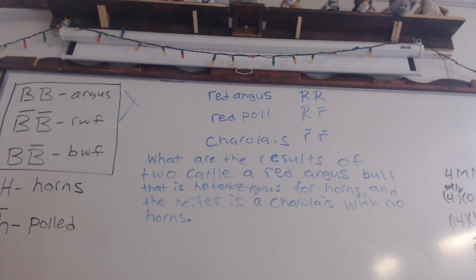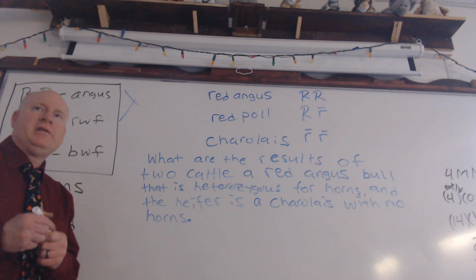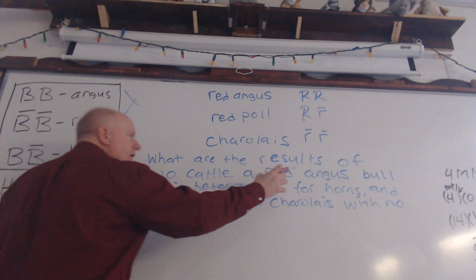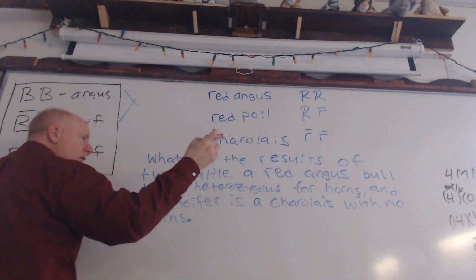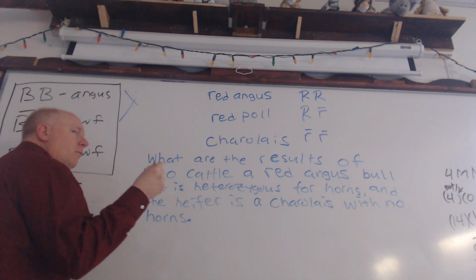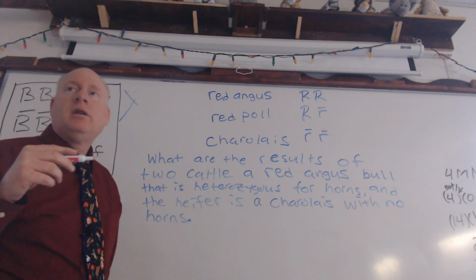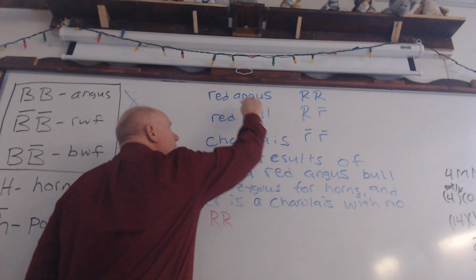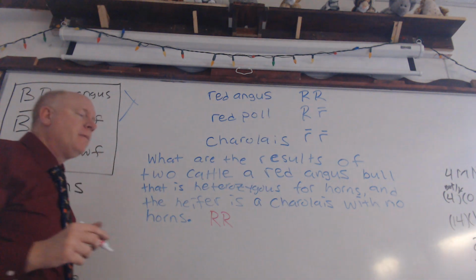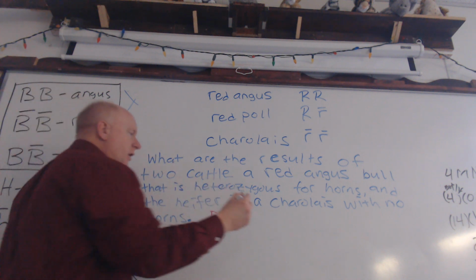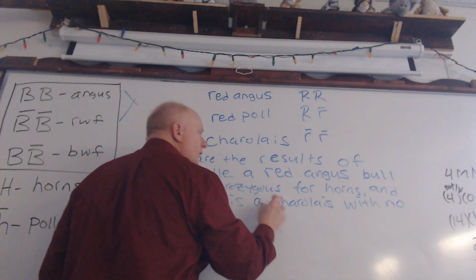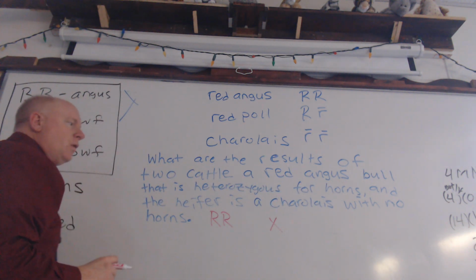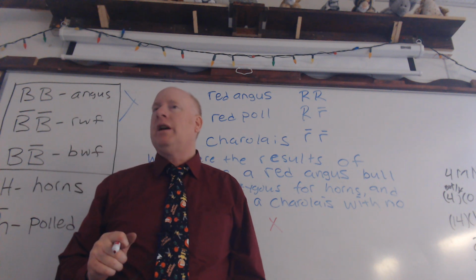So for the bull, what are the alleles or the genotype for this red Angus bull? What two alleles would we use? We got two big R's because we said red Angus. Then we're going to leave a little bit of a space for the horns. Because the bull is heterozygous for horns, what does that mean to you?